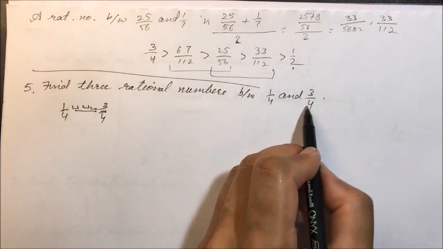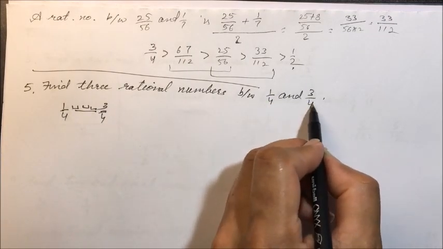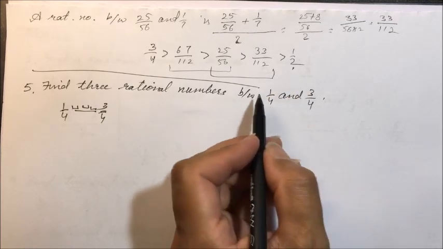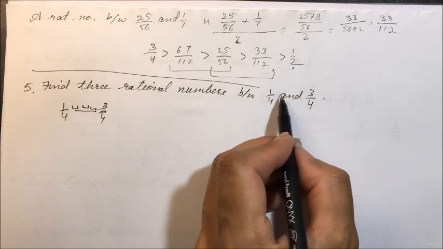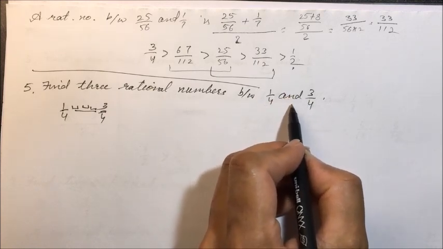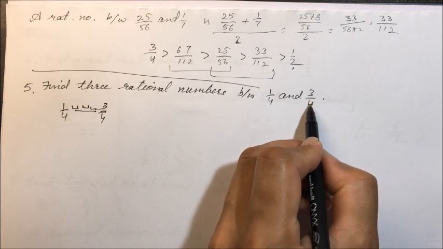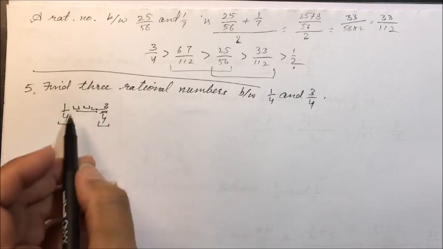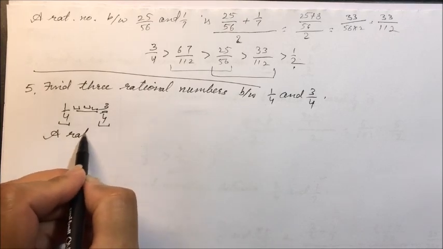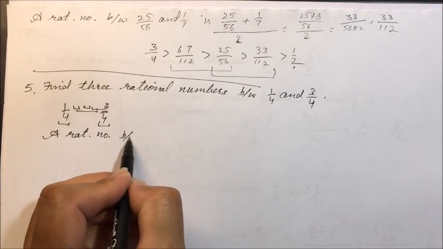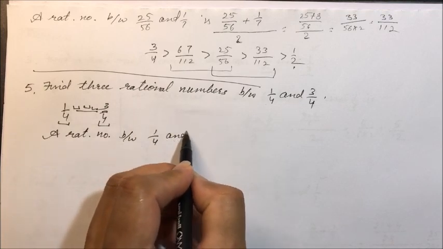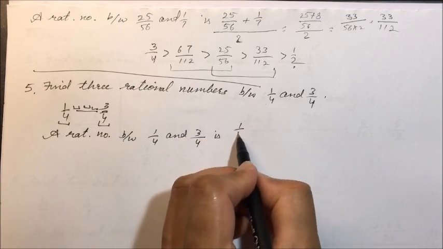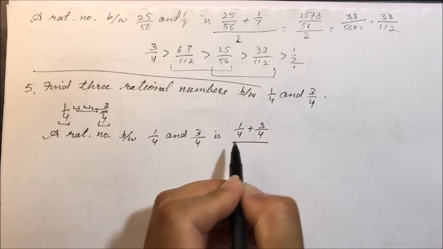By observation we can see as well. Their denominators are the same, numerators 1, 3. 2 by 4 can be one rational number. We can easily figure out 2 by 4 will be the number between 1 by 4 and 3 by 4, where this is a smaller number, this is a larger number. So a rational number between 1 by 4 and 3 by 4: the first one is 1 by 4 plus 3 by 4, divided by 2.